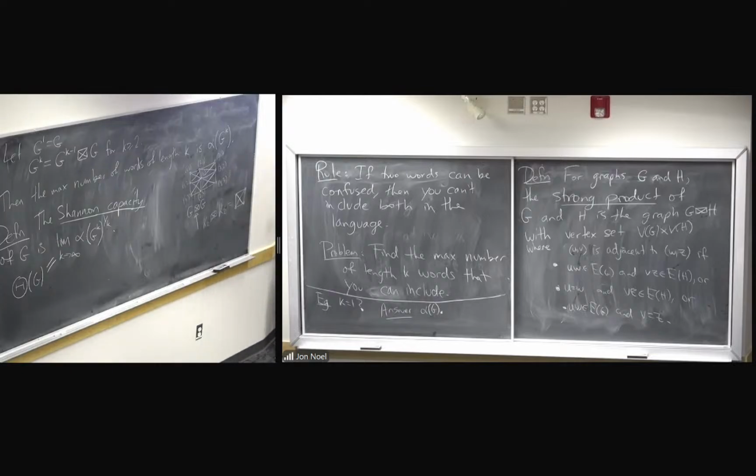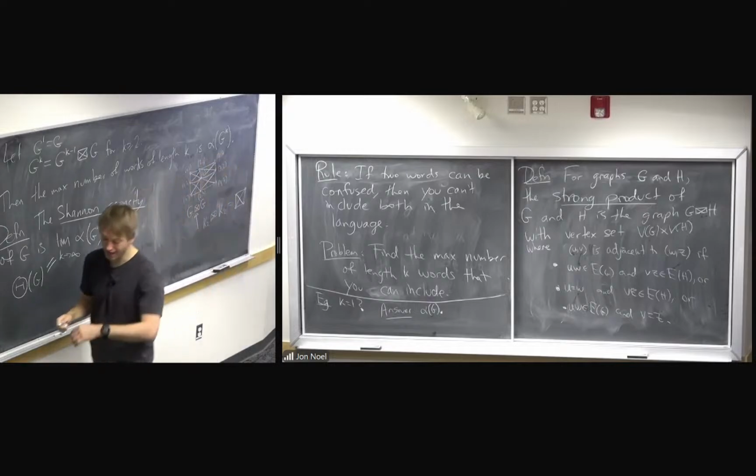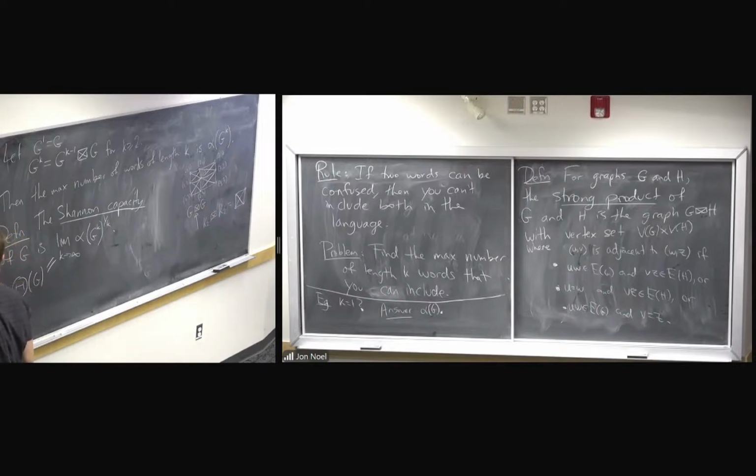Any questions about this definition? One possible complaint, though, is I'm writing a limit, but how do you know it converges? That's what we're going to prove in the rest of this class, that this thing does actually converge.